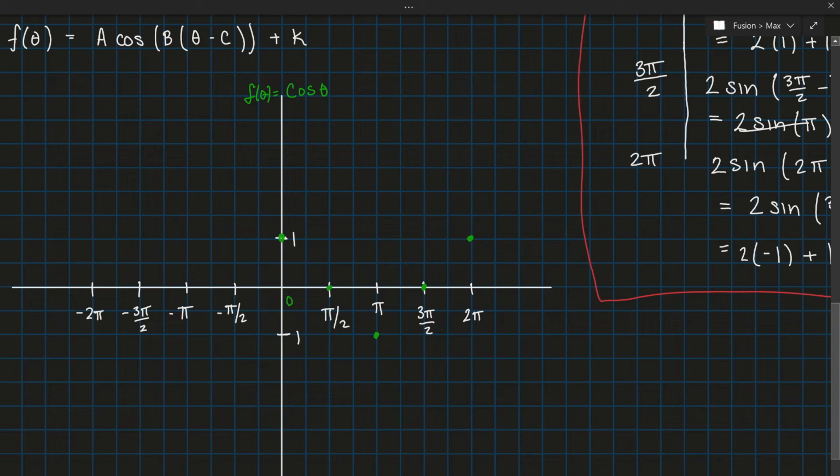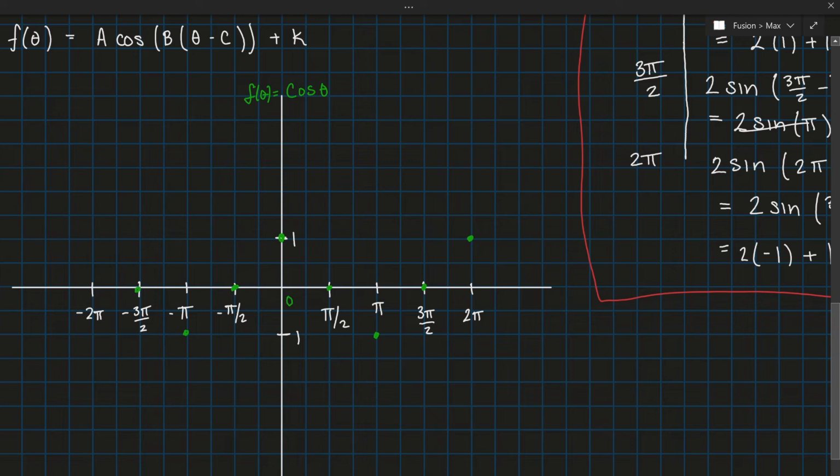Okay. Now, what's the x-coordinate at negative pi over 2? 0. Good. 0. Negative pi? 1. Well, negative pi is the same thing as pi, right? Negative 1, right? Yeah. Negative 3 pi over 2, which is the same thing as pi over 2, yeah. 0.